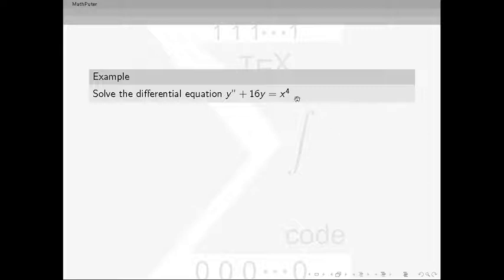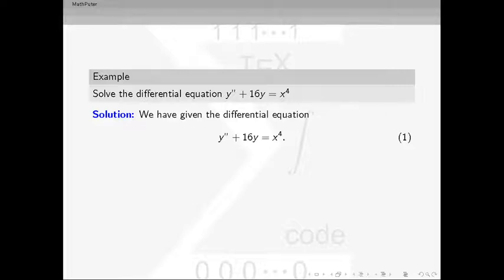We shall concentrate only on the particular integral, because in today's session I want more discussion on the particular integral. So let us start with this example: d2y by dx square plus 16y is equal to x raised to 4.